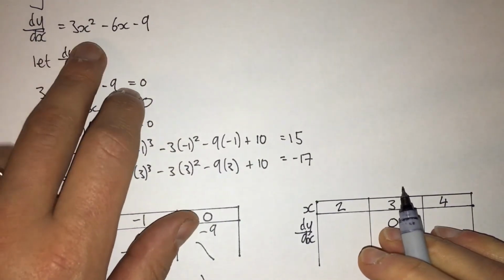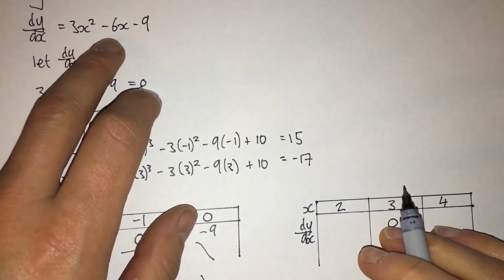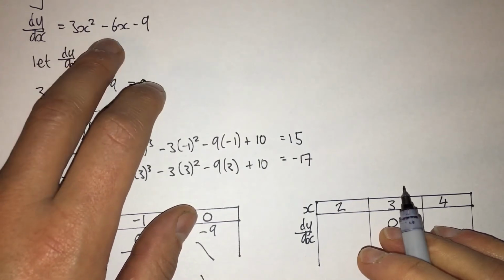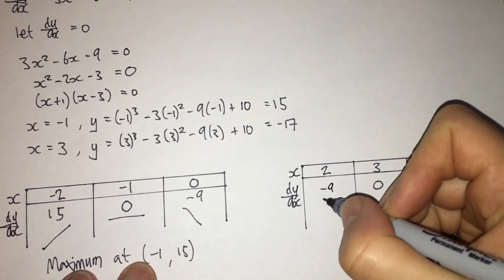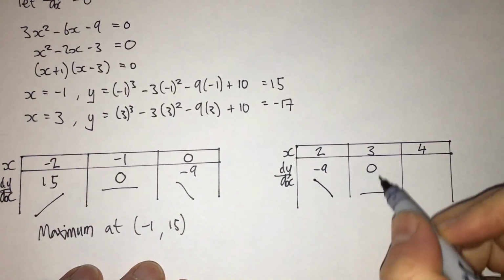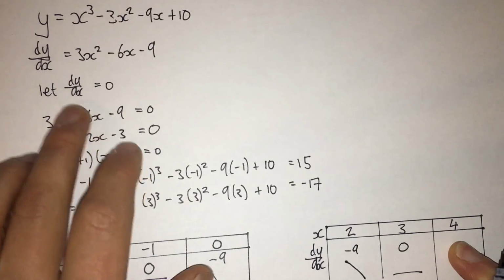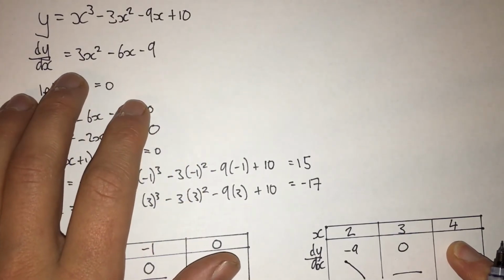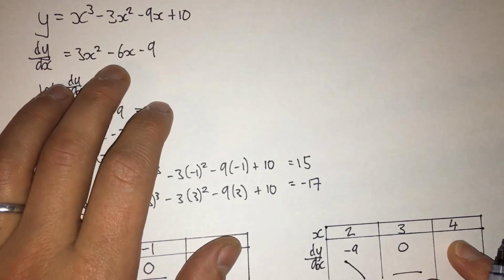So we go back to our derivative. 3 lots of 2 squared is 12, minus 6 lots of 2, so that's 12 minus 12 is 0, minus 9 is minus 9. So we've got a negative gradient, a decreasing function, followed by our stationary point. And then we'll put a 4 into our gradient function. 3 lots of 4 squared is 48, minus 6 lots of 4, which is 24.